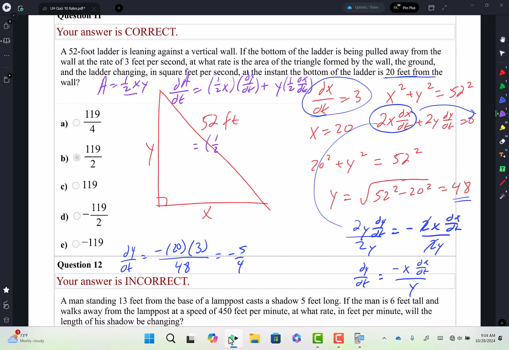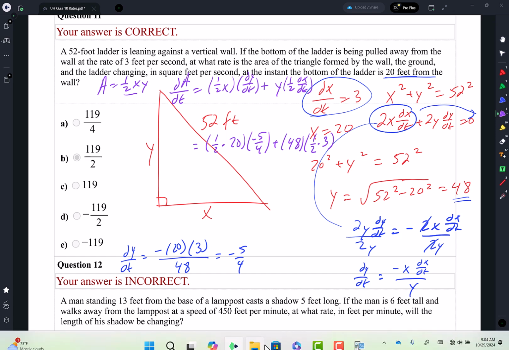So 1/2 times, what was x? 20. And then dy/dt was negative 5/4, plus y, which was 48, times 1/2 times dx/dt, which is 3. Plug it in. So half of 20, so 10.